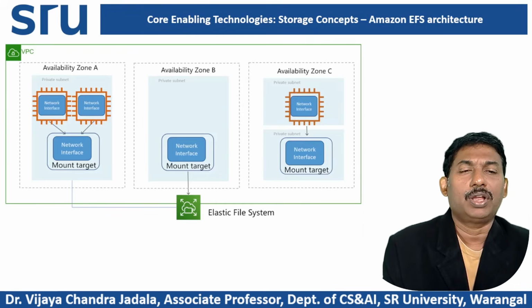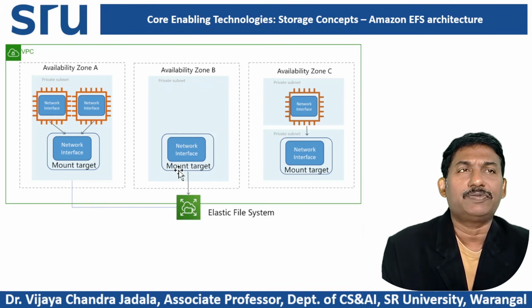Then we will go to the EFS architecture. You can see here availability zone A, availability zone B and availability zone C. So three availability zones are there. Then the Elastic File System mount target can take the support.